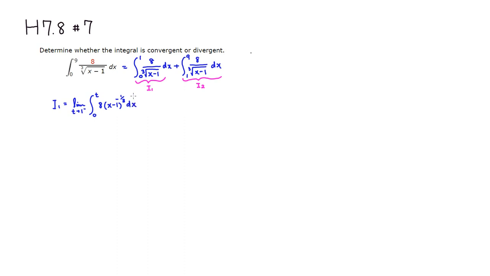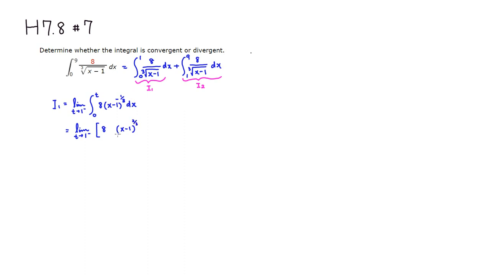Let's go ahead and evaluate that. So this is going to be equal to the limit as t approaches 1 from the left. The antiderivative: I'm going to leave the 8 alone, add 1 to the power, so it's x minus 1, and negative 1/3 plus 1 would be positive 2/3.